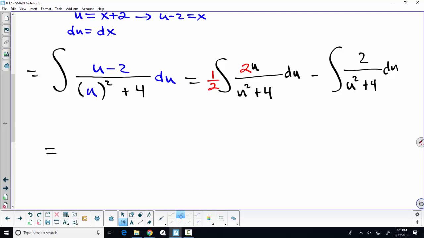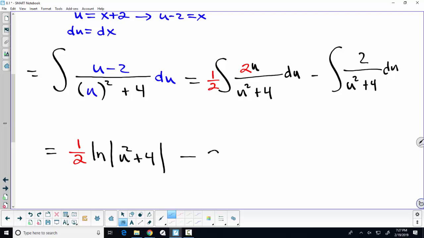So we've got our 1/2 here times the natural log, absolute value of u squared plus 4, for the first antiderivative. Do y'all agree? Yeah. Minus, what's the antiderivative of 2 over u squared plus 4 du? 2 arctan u.